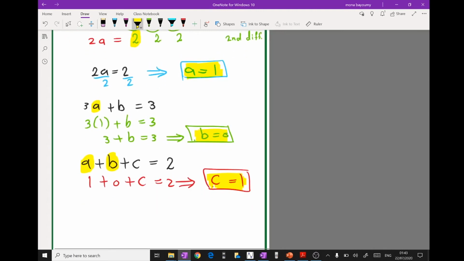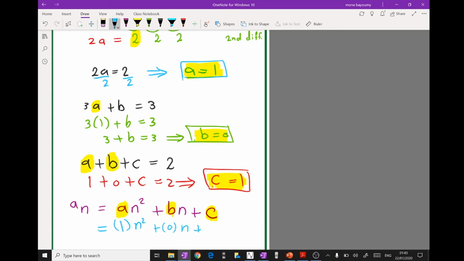So what do I have to do to find the nth term? The nth term is an equals an square plus bn plus c. Just I will substitute a, b, and c by the values which I calculated. So a is 1, b is 0, c is 1.